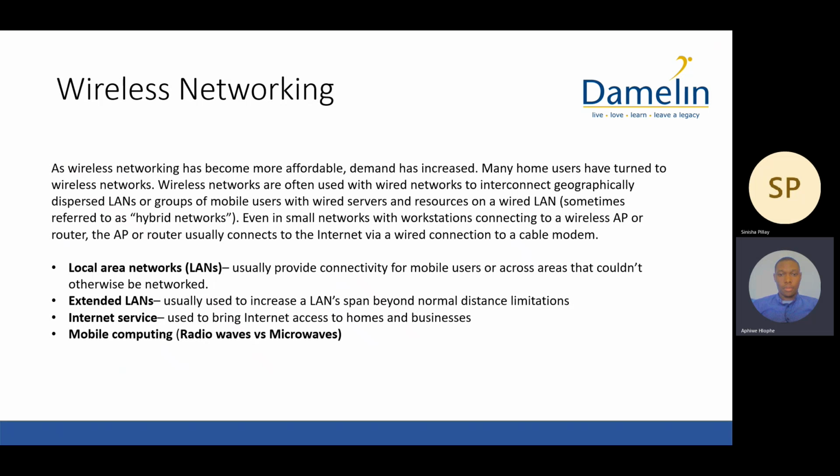So we have our local area networks, which are transmitting wireless signals in terms of wireless LAN. We have extended LANs, which use some sort of signal booster to boost the distances at which we can connect wirelessly. Internet service is used to bring internet access to homes and businesses.